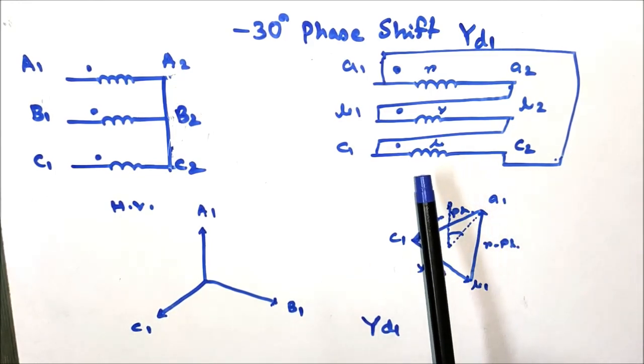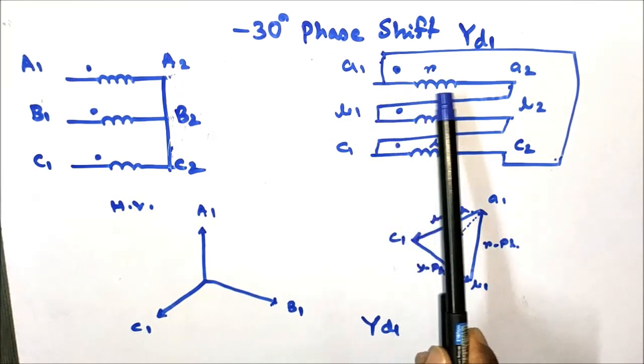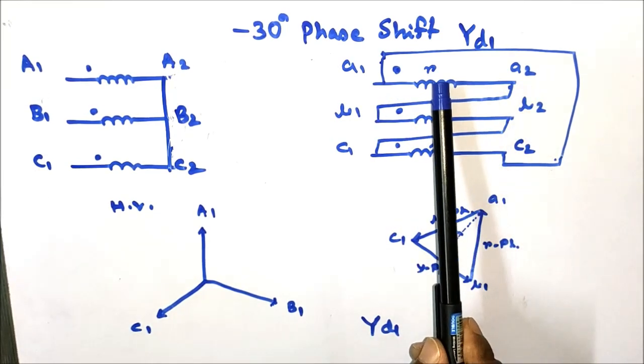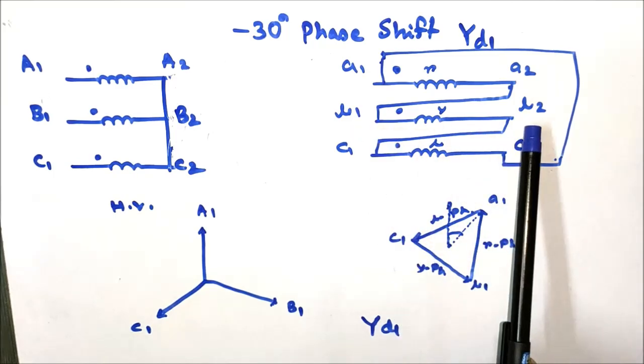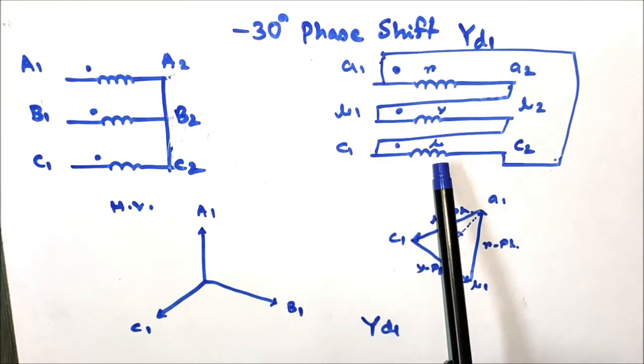But the LV side is delta connected. Here A1, A2 are the red phase, B1, B2 are the yellow phase of the winding, and C1, C2 are the blue phase of the winding.